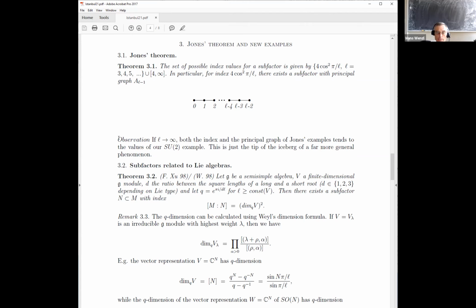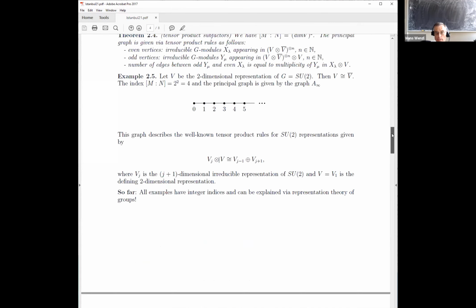And so here the observation is, if you let L go to infinity, then obviously the graph A_{L-1} becomes the graph A infinity. And in fact, one can see in the limit, we actually get back our SU2 example with the infinite graph here.